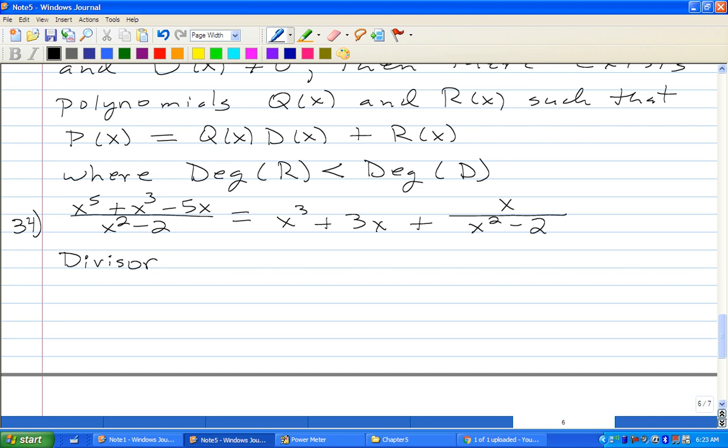In this case, the divisor is what I'm dividing by, x squared minus 2. The dividend is what I'm dividing, x to the fifth plus x cubed minus 5x.